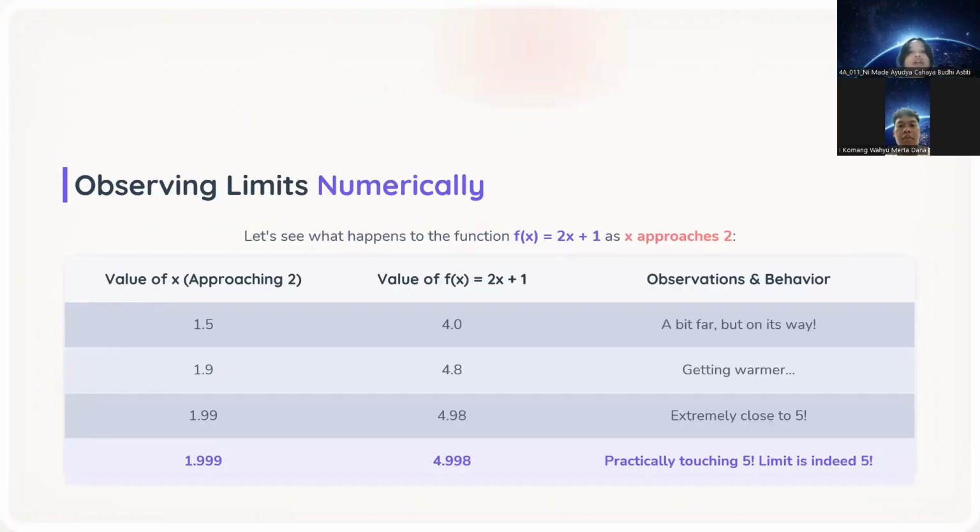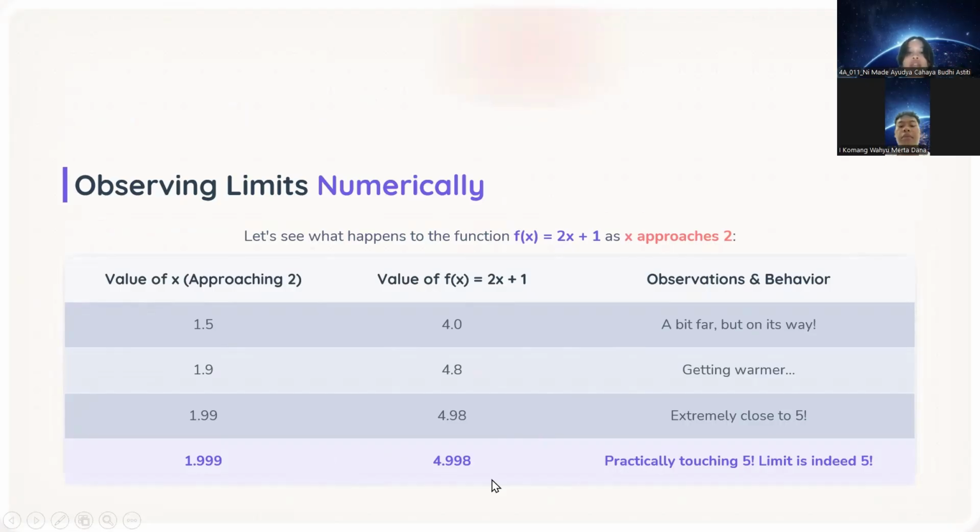Let's look at a simple example. Consider the function f(x) = 2x + 1. Suppose x approaches 2, and you can see this table on the screen. Notice that as x gets closer to 2, the function value gets closer to 5.